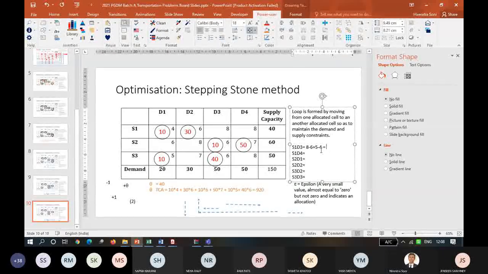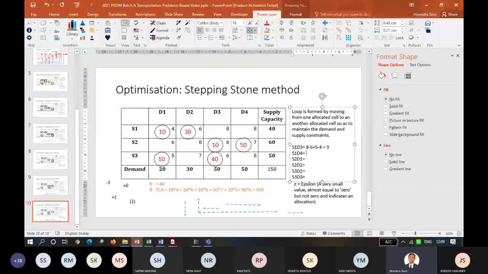Correct? 8 minus 6 is 2, plus 5 is 7, 7 minus 4 is 3. This says if I'm making an allocation in this cell, then it will increase my per unit cost by 3.